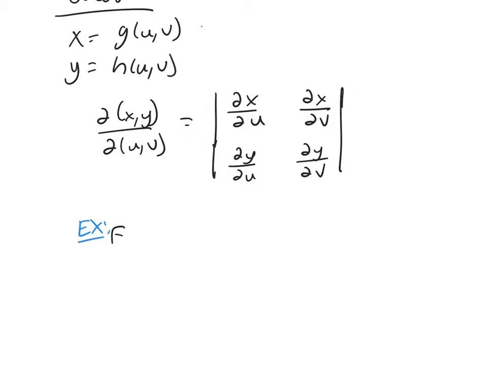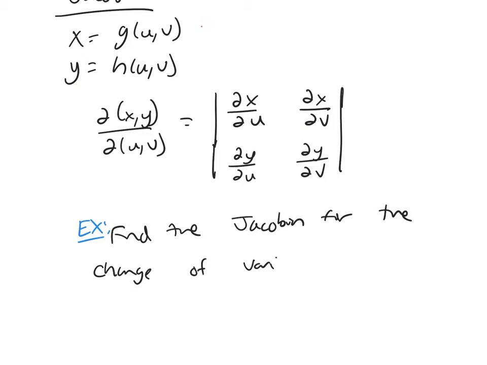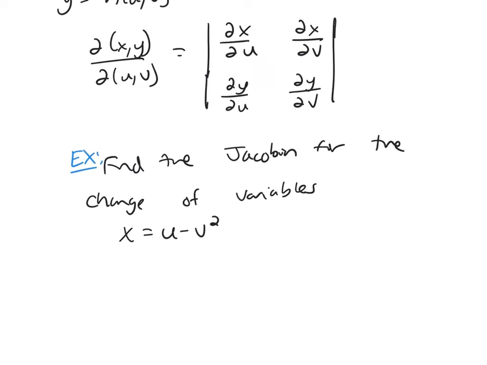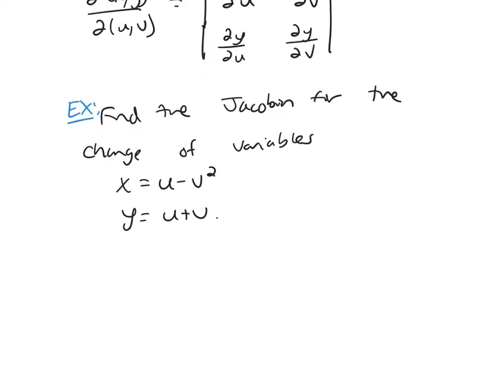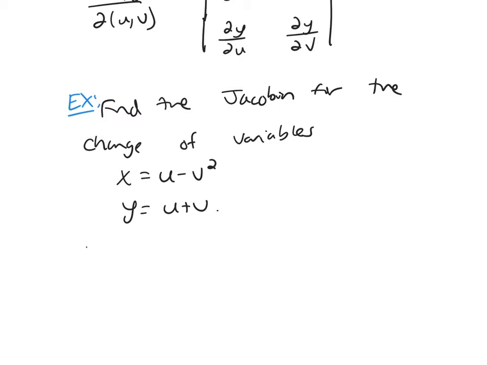Let's find the Jacobian for the change of variables x equals u minus v squared, and y equals u plus v. Well, to find our Jacobian, I need to find our partial derivatives.